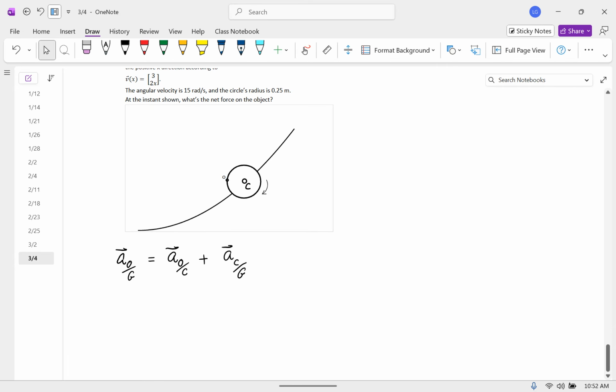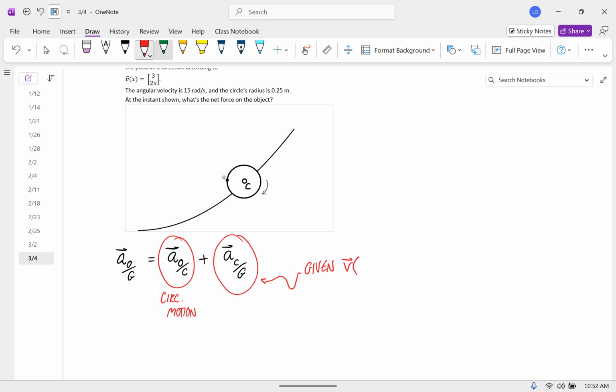So I have to calculate both of these two. This is circular motion, so that's the watermelon equation. And this one is from the given velocity function. And this velocity is a function of x, not time, so we're going to have to use the chain rule here.